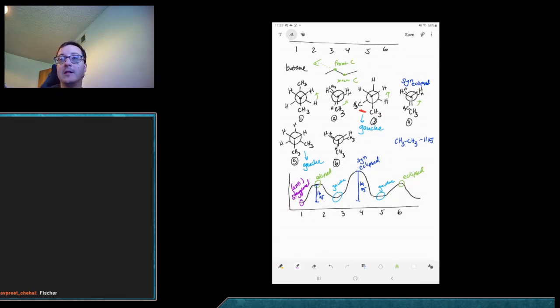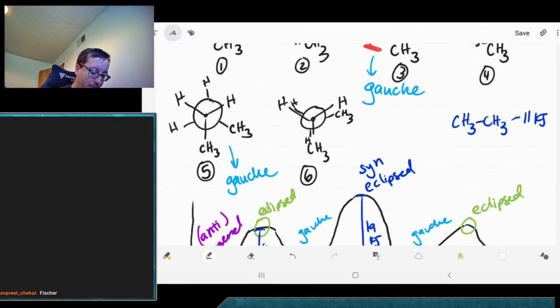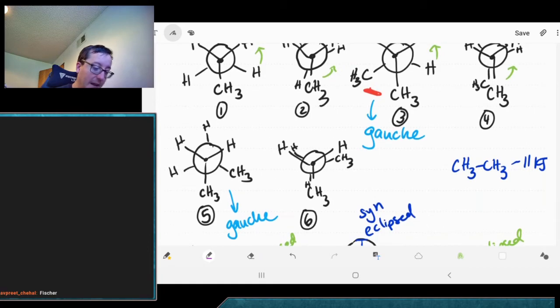I mean, it's so fun to talk about how molecules are rotating. But this is stuff for homework. I will have you work on your own about evaluating what's called conformational analysis.